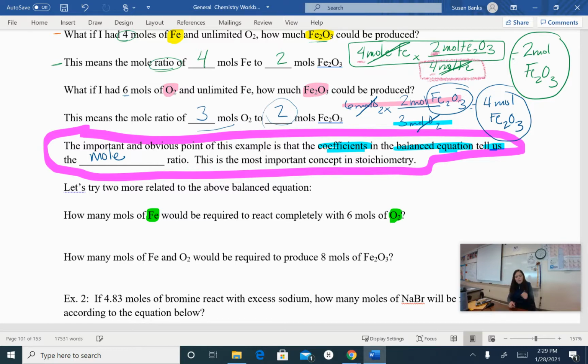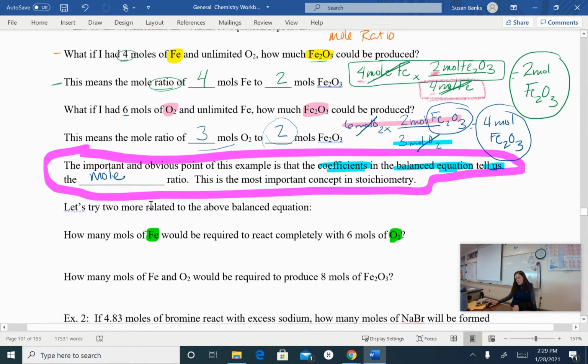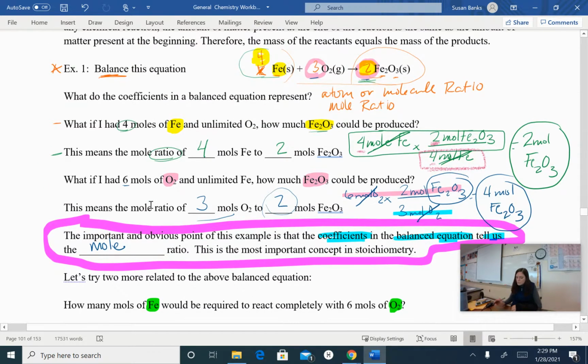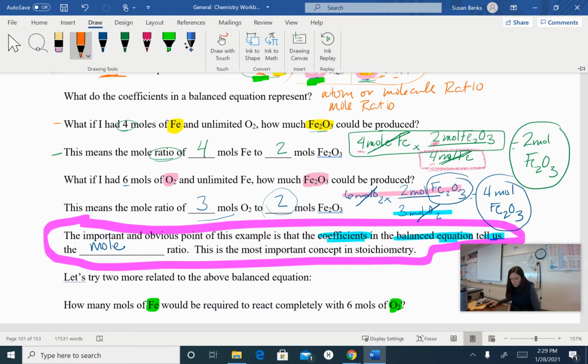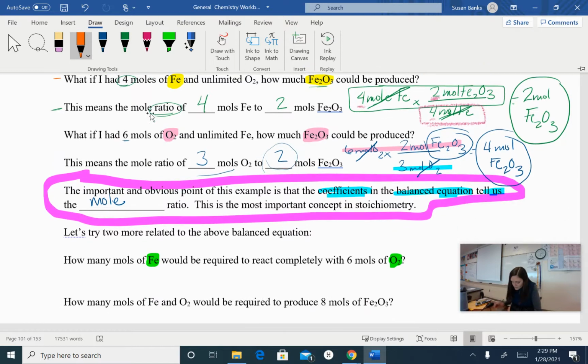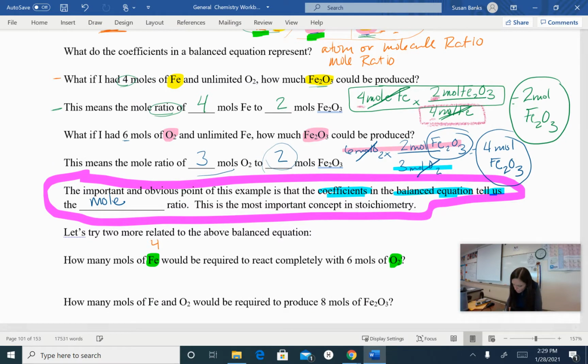So we want to grab our coefficients of iron and oxygen in that balanced equation. So let's look at our coefficients. So iron, we have 4, and oxygen, we have 3. Okay? So I'm going to just put that down really quick. So for iron, we have a coefficient of 4, and for oxygen, we have a coefficient of 3.